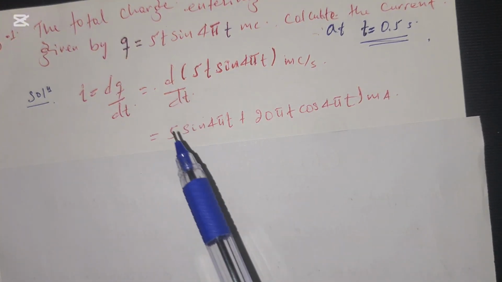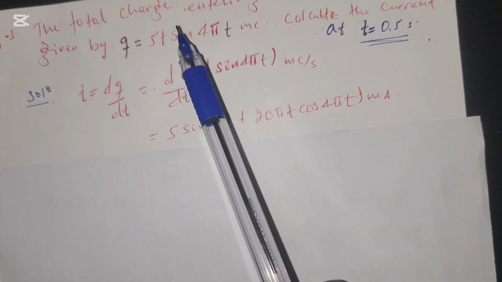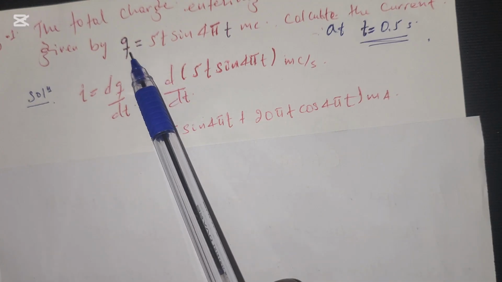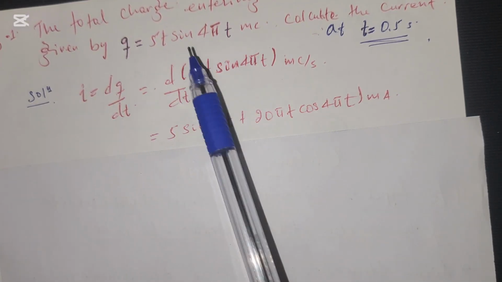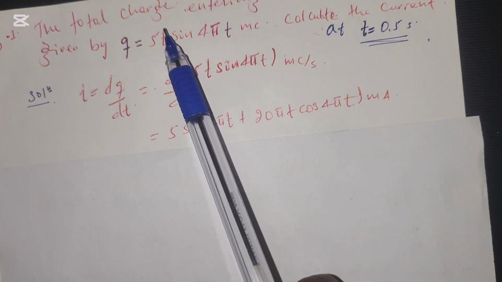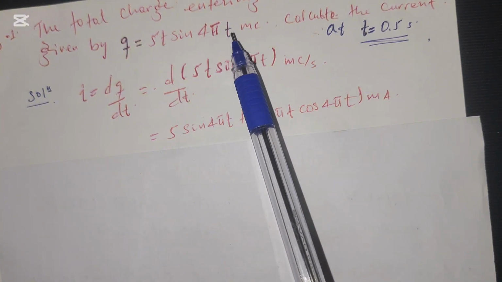We are simply expected to differentiate this equation with respect to time. So 5t sine 4 pi t.